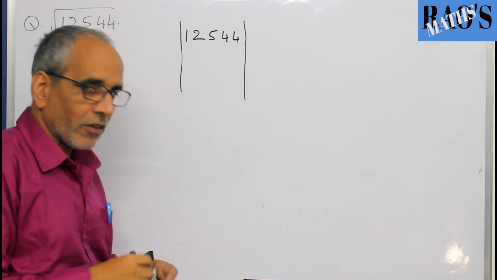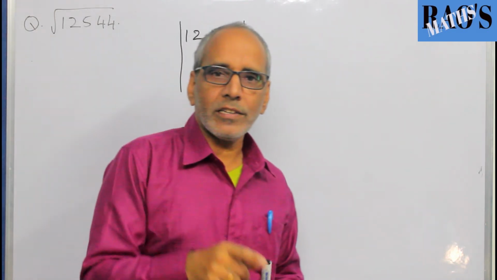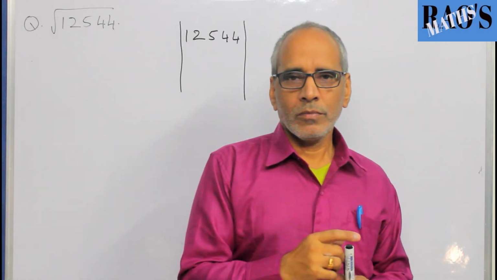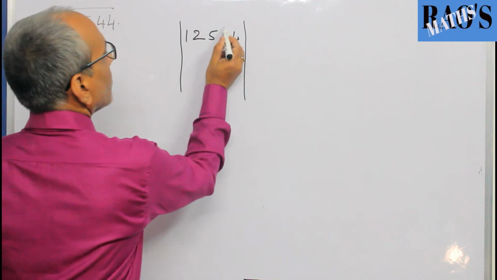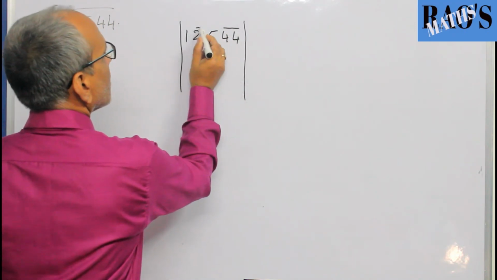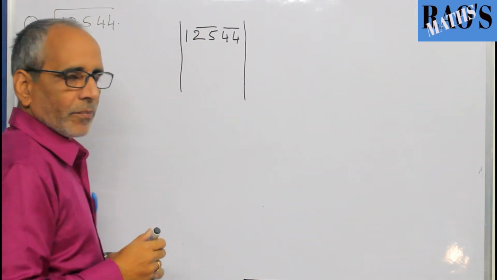And we have to divide the digits of this 5-digit number into groups, 2 in a group, right from the units place. This is a group, this is a group, and this is a lone digit.